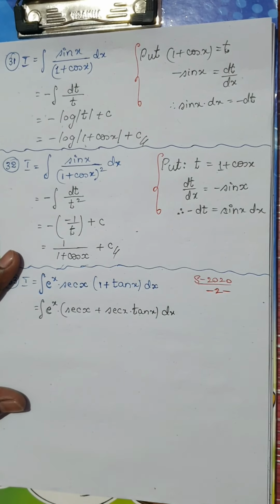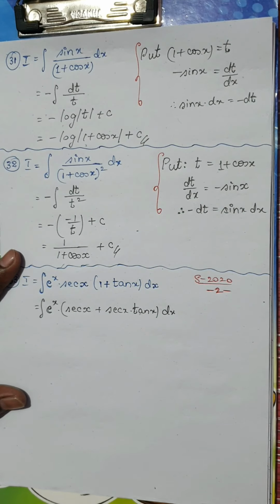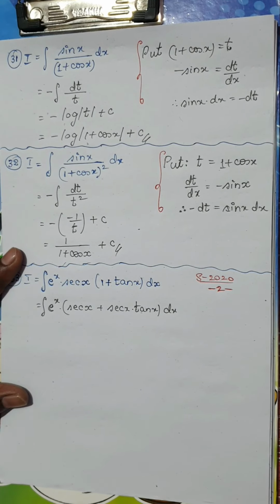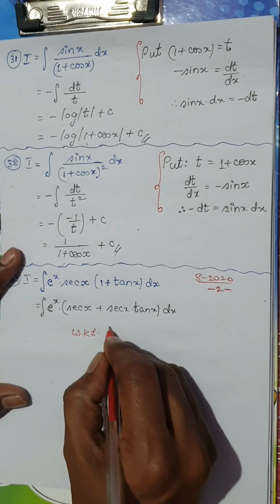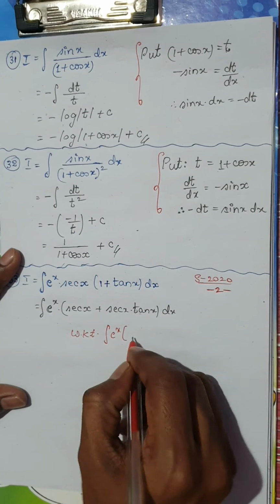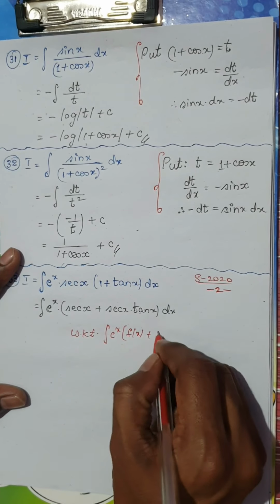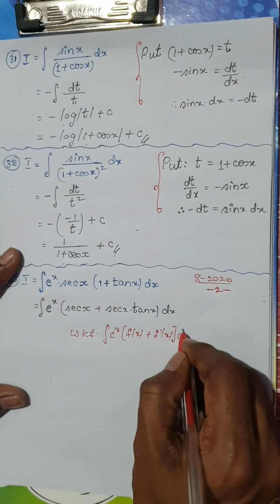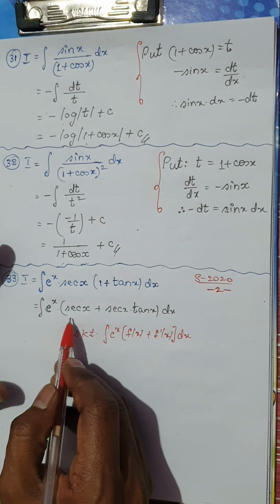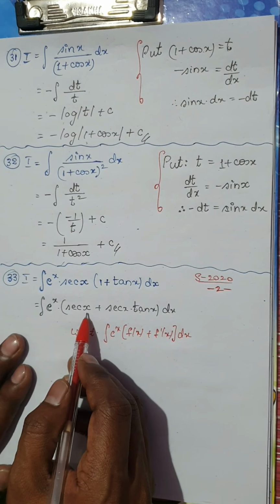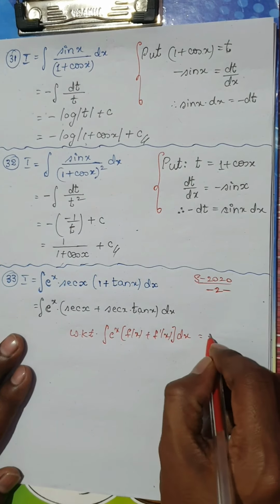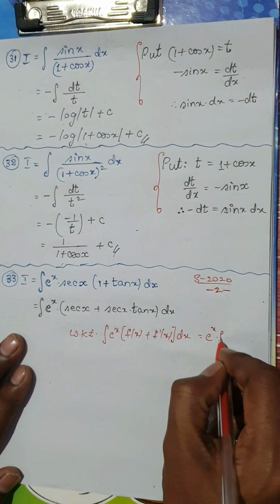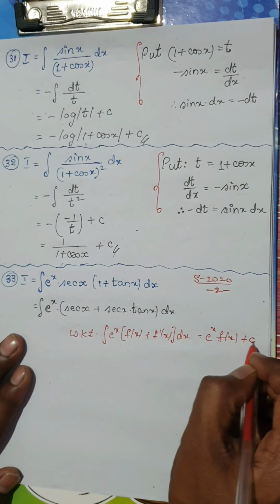Remember, this is of the form: we know that the integral of e power x into f of x plus f dash of x dx. You can look here, if you put secant x as the function, its derivative is secant into tan. So its integral, as I told you, is e power x into f of x plus c.